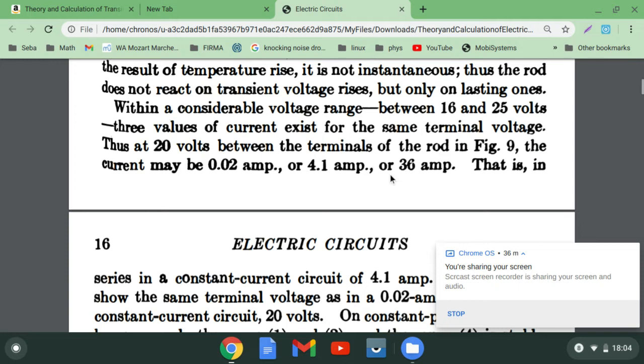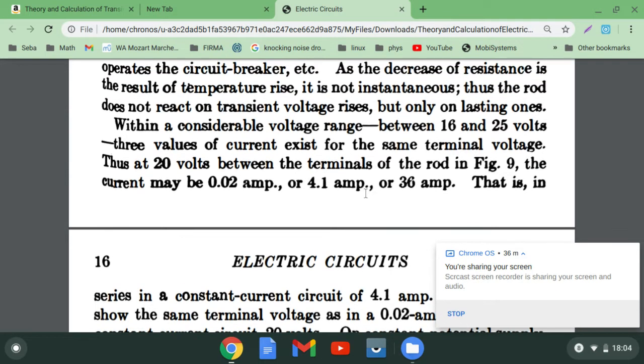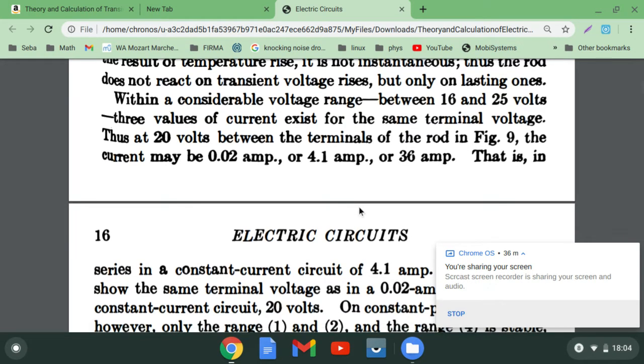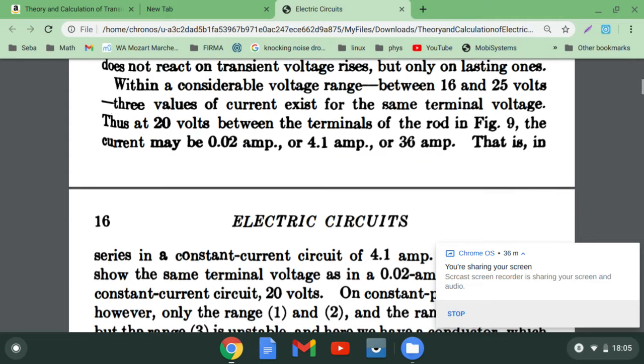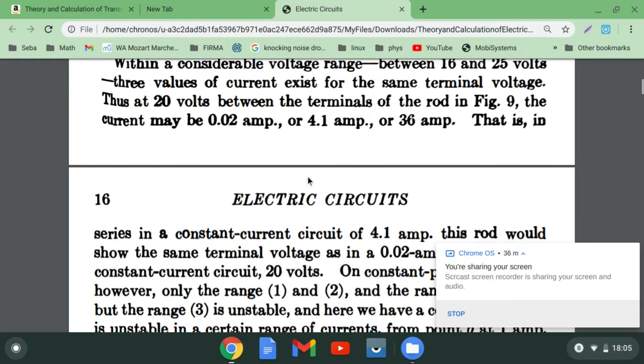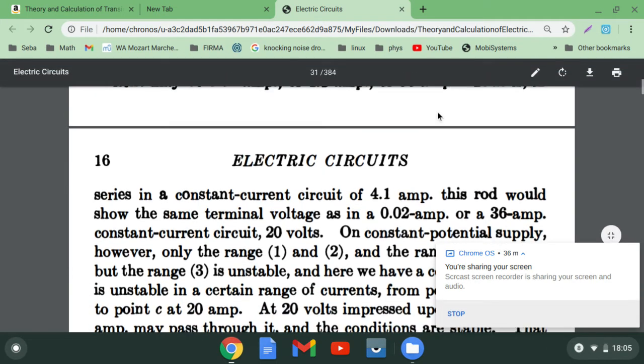Within a considerable voltage range between 16 and 24 volts, three values of current exist for the same terminal voltage. Thus, at 20 volts between the terminals of the rod in figure 9, the current may be 0.02 amp or 4.1 amp or 36 amp.